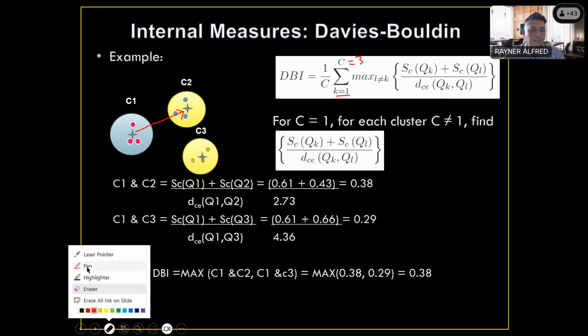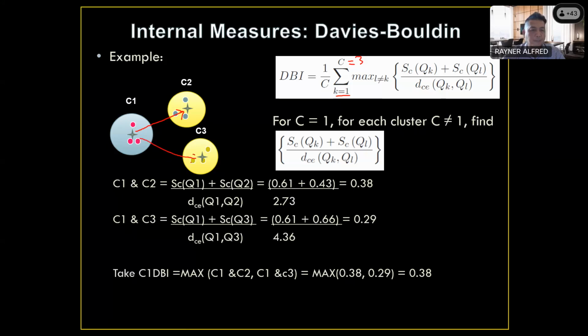Okay. So we said for cluster 1, for each cluster which is not equal to 1, we find. So that means K1, K2, and K1 and K3.